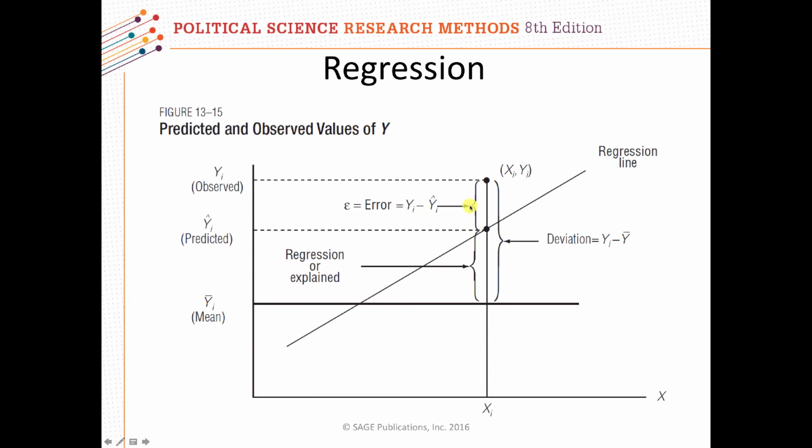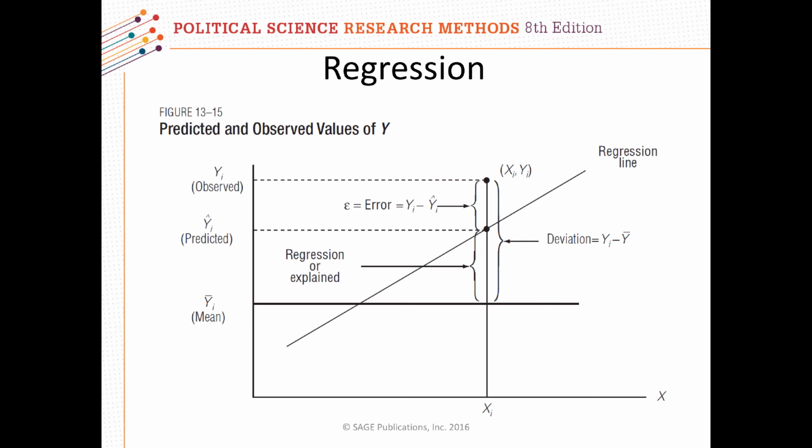This is your error. We are explaining this much about the world, because this is our mean for this set of data, and this observation is way above the mean. So x is trying to explain why the regression runs so much differently than the mean for a given observation. This is what a regression line does, and that's what we're trying to interpret.